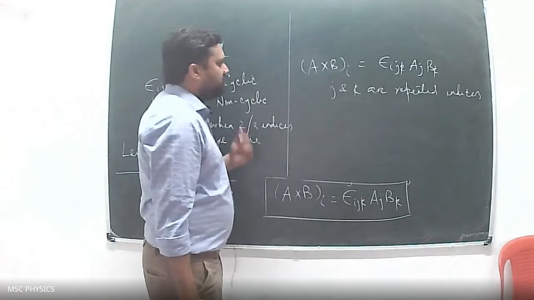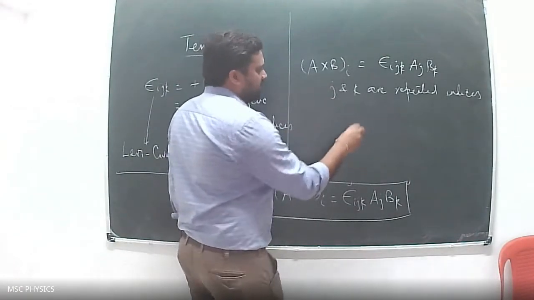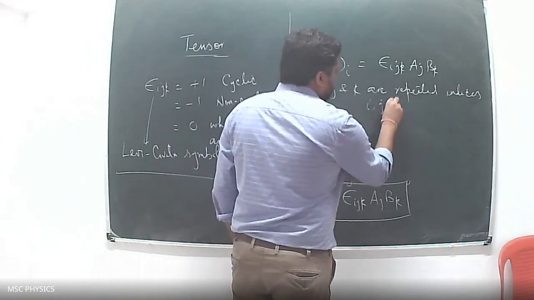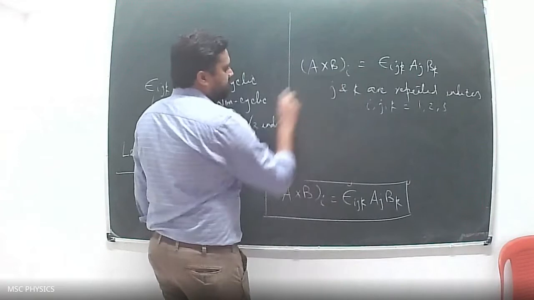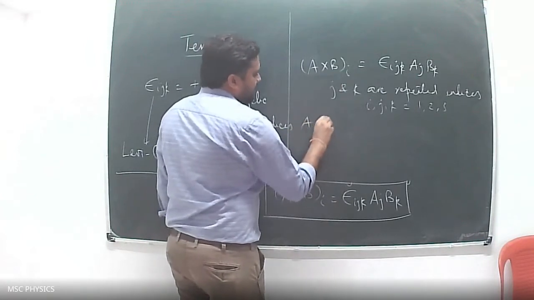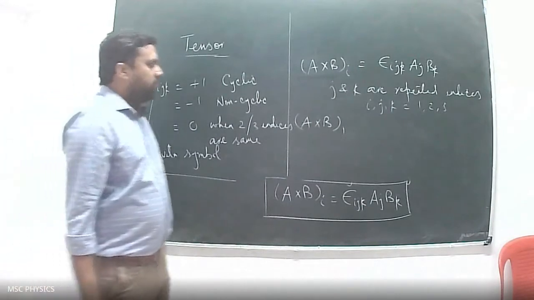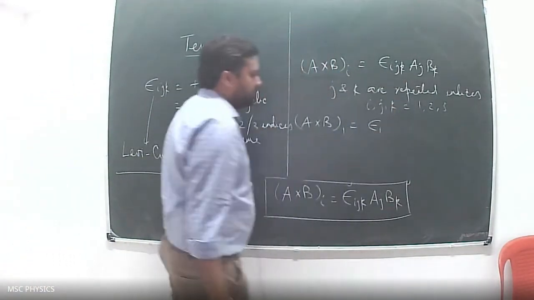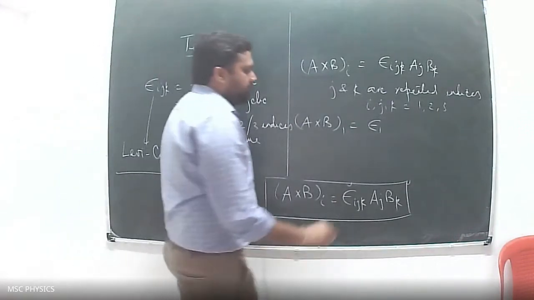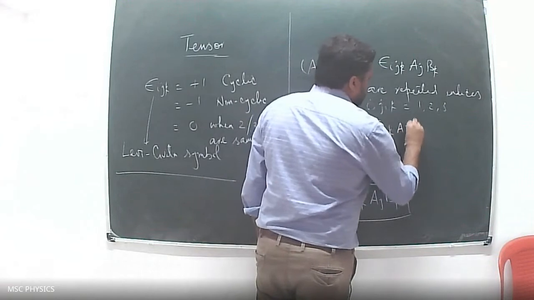So let's find it out. The sum will be over 1, 2, 3. So i, j, k all run from 1, 2, 3. Let us take the x component. The first component, the x component of A cross B, will be epsilon, with i remaining 1, and then jk, aj, bk.